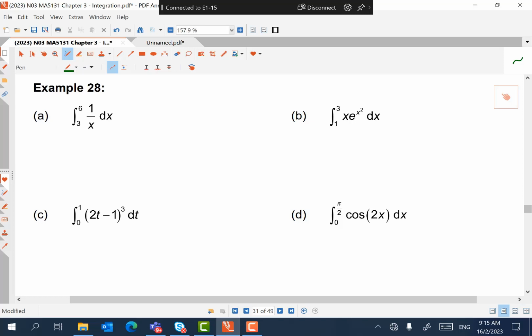Viresh, what's going on? You're trying to convince Martin, is it Martin? No, Min. And Viresh said that this is ln of 2. Anybody has an answer for me?